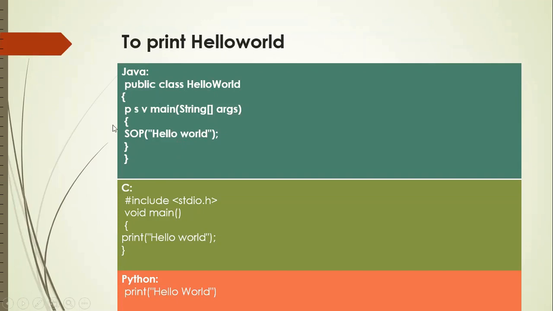As soon as you compile or execute a program, it will convert these lines into machine level code, like binary code. The computer can understand only machine level code, ones and zeros.